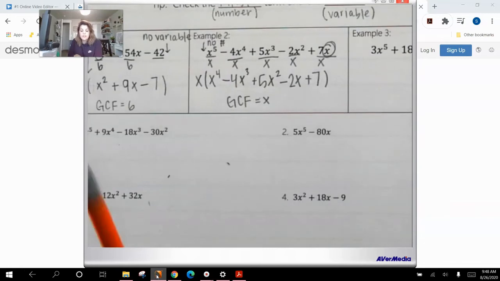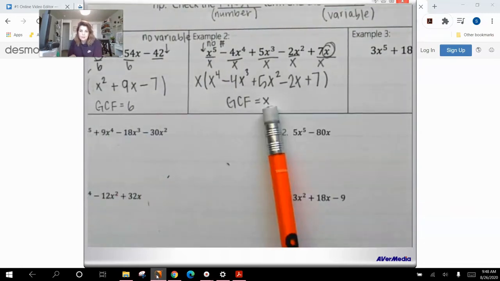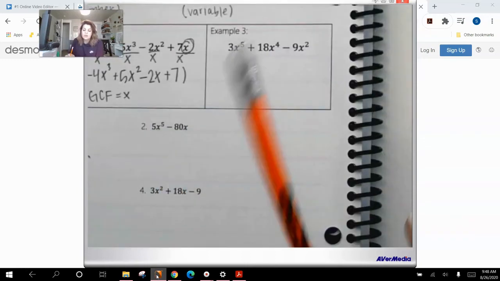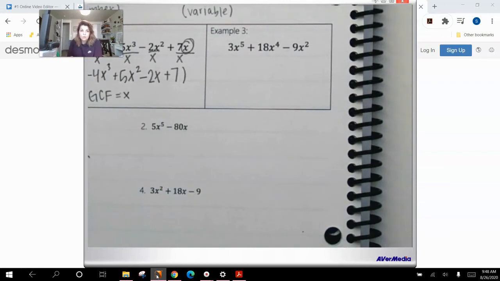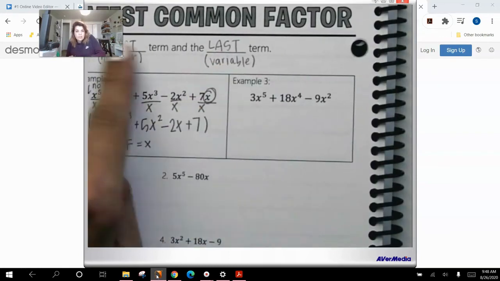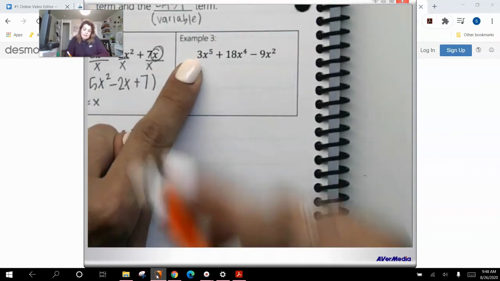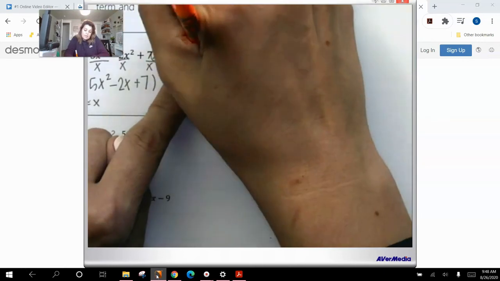So my first example, we only had a number to factor out. My second example, we have only a letter to factor out. Now my third example, I'm going to have both. How do I know? Because just like my instructions say up here, I check my first term. That's this guy. That means I can take out a 3.